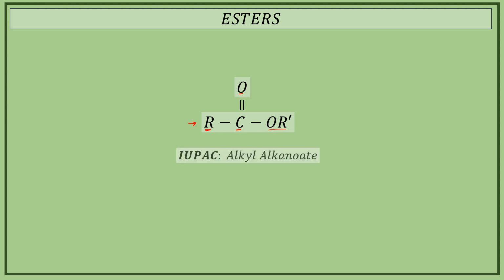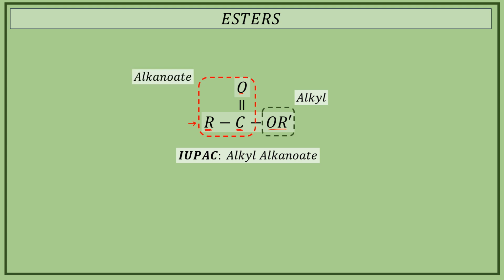The IUPAC system for naming an ester is alkyl alkanoate, where the carbon chain which is linked to the oxygen is called the alkyl, and the entire chain including the carbon atom of the carbonyl group is called the alkanoate.